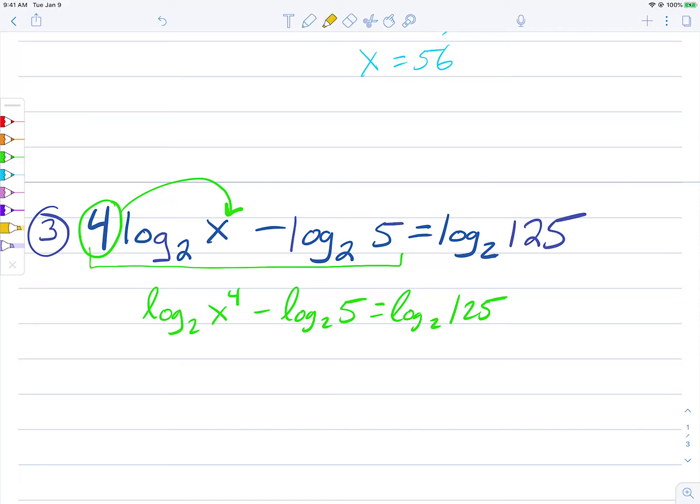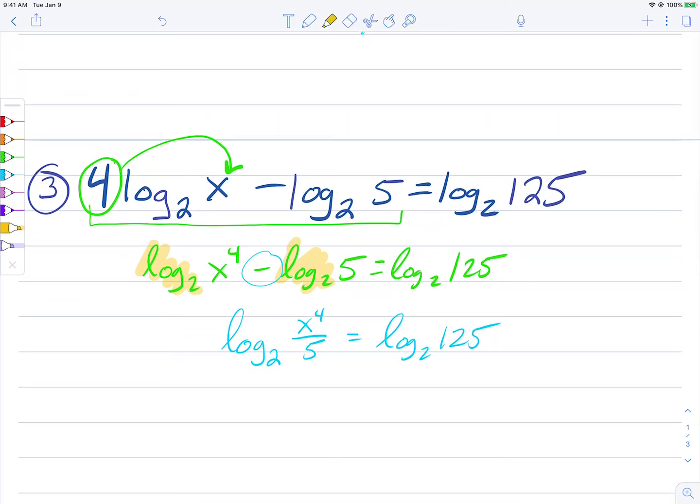On these ones, they are both log base 2. So if I'm subtracting, it means a division problem when I put them together using the property of logs. So this becomes x to the 4th over 5 because I'm dividing since it's a subtraction problem. And then I have log base 2 of 125.